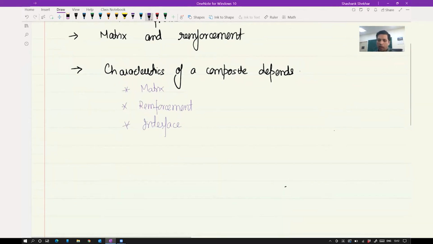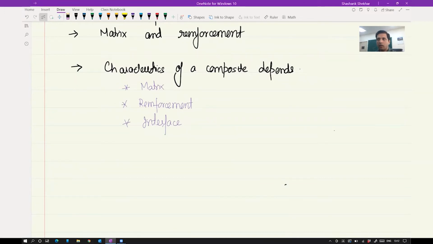So in the conventional sense, a composite material consists of two phases, a primary phase and a secondary phase. The primary phase forms the matrix phase, and the secondary phase is embedded inside it. And depending upon the material of the matrix or the primary phase, we can overall have three different classes of composites.